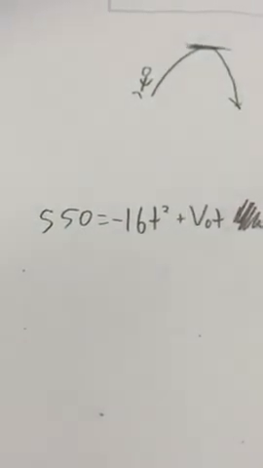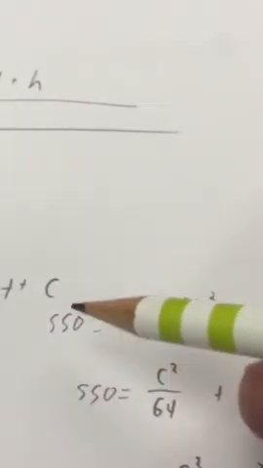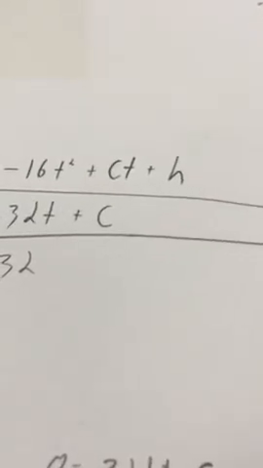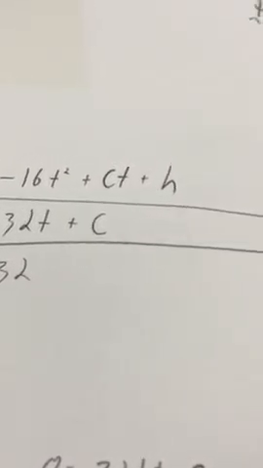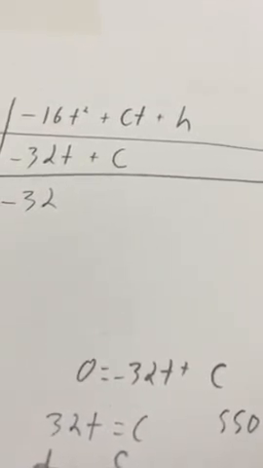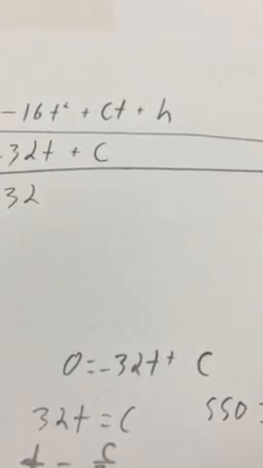So I rewrote it over here. 550 is equal to negative... oh, I wrote c for constant. I should have written v sub 0.